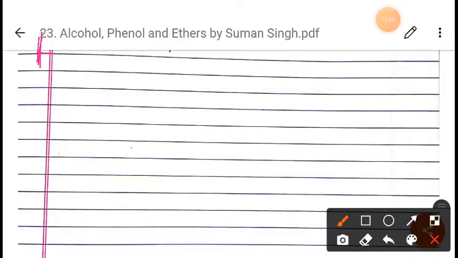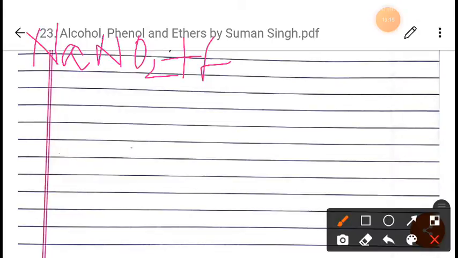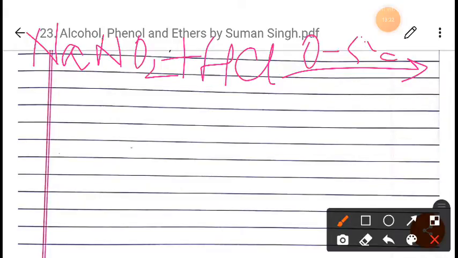So to get HNO2, we will first use NaNO2. When it reacts with HCl at around 0 to 5 degrees Celsius, it will form HNO2.